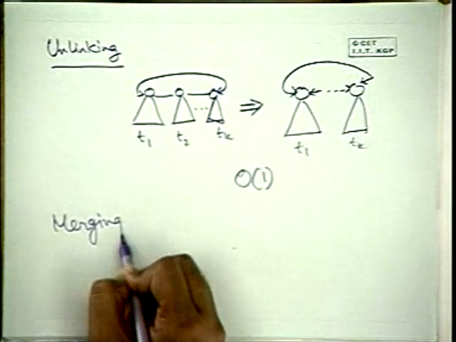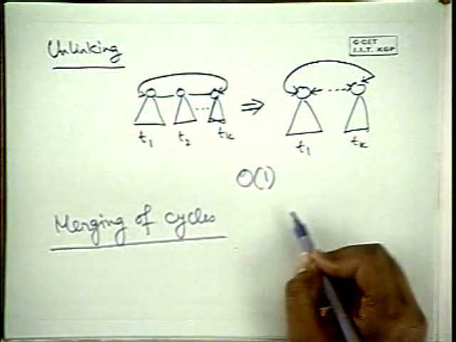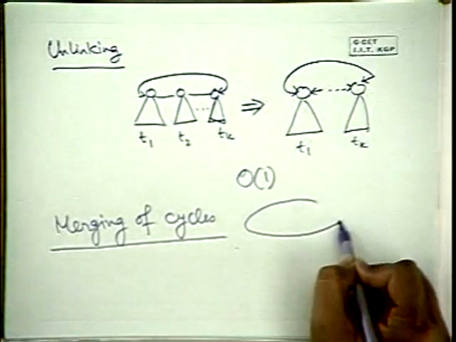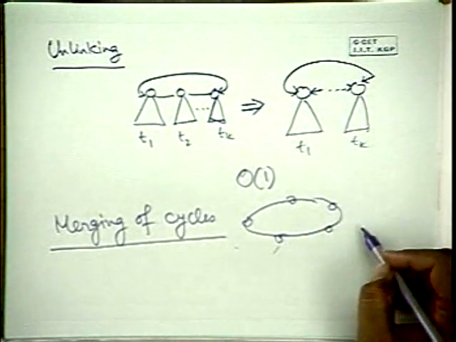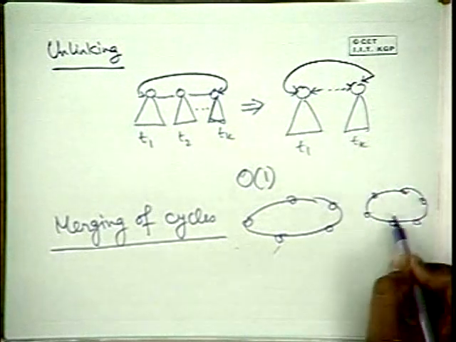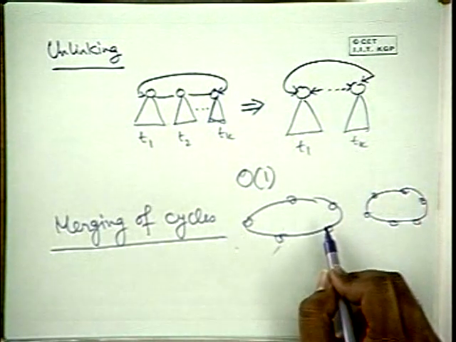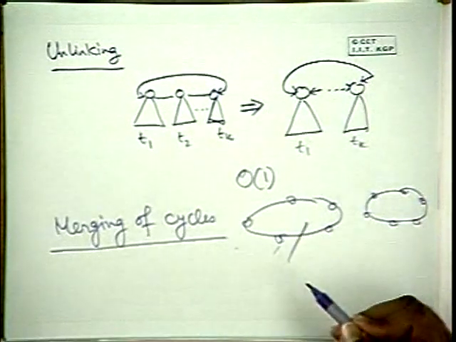Okay, we will also use merging of 2 cycles, another sub operation. So suppose we have a cycle of nodes, that basically under them there is a tree. Another cycle of nodes. You want to merge these 2 cycles into a single cycle. So what do we do? We just cut open this somewhere.